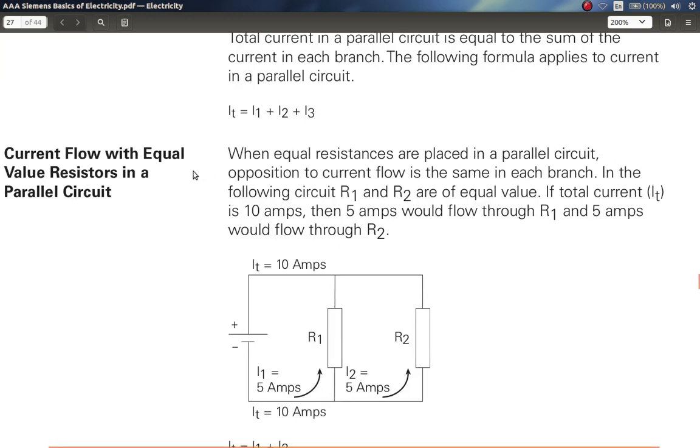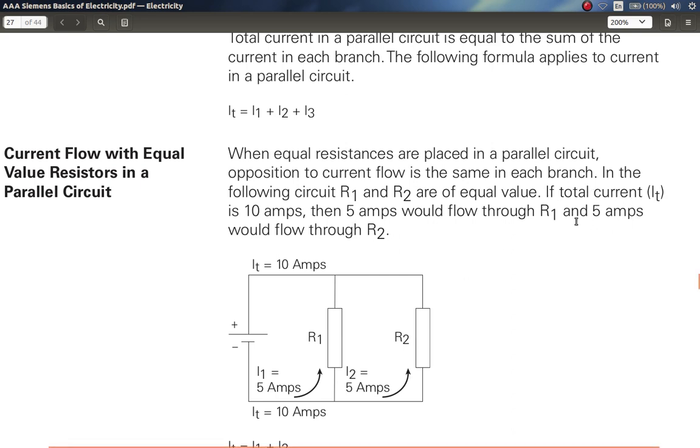Current flow with equal value resistors in a parallel circuit. When equal resistances are placed in a parallel circuit, opposition to current flow is the same in each branch. In the following circuit, R1 and R2 are of equal value.